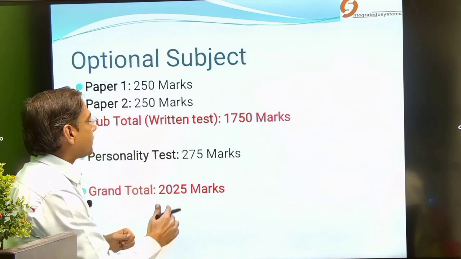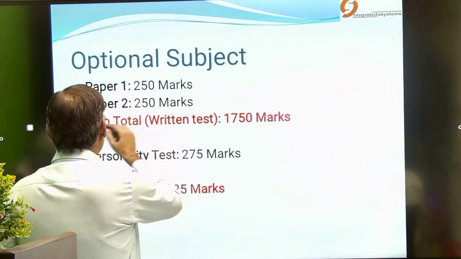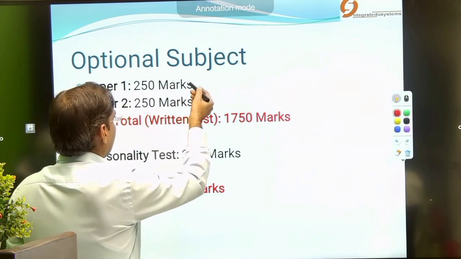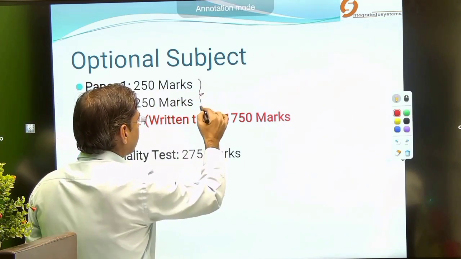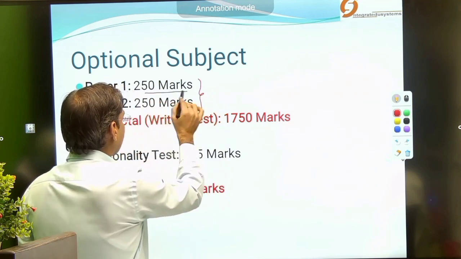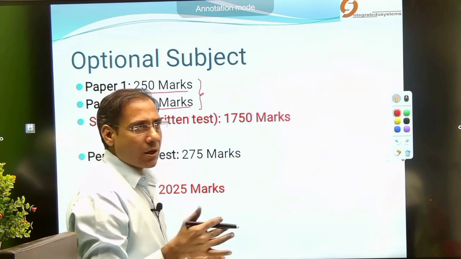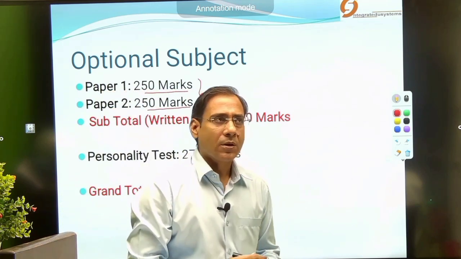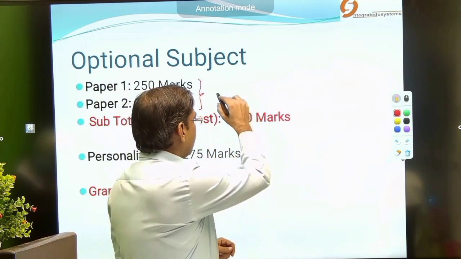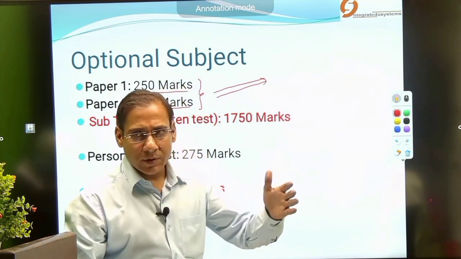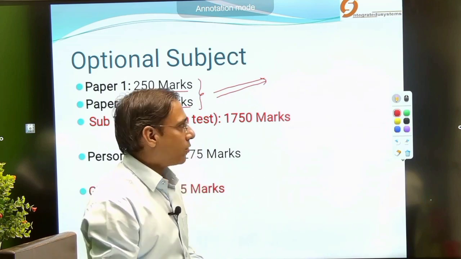Another paper which again plays a very important role in mains is the optional paper. Again there is confusion among students about how to pick the optional paper. Generally, I suggest that you look at the trend of the recent past when you are opting.